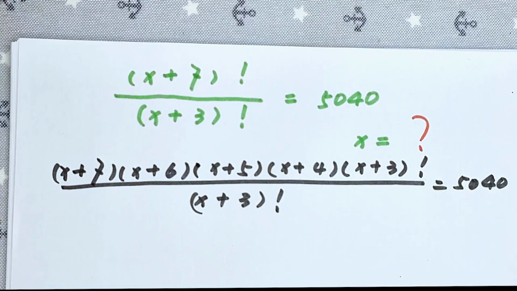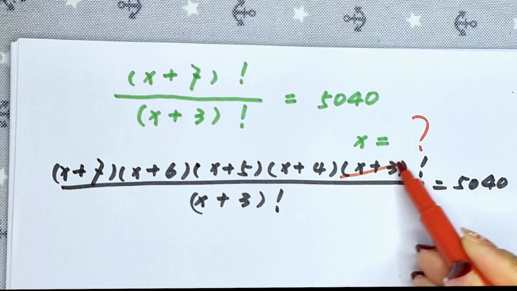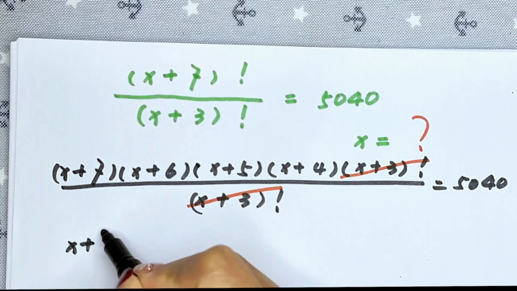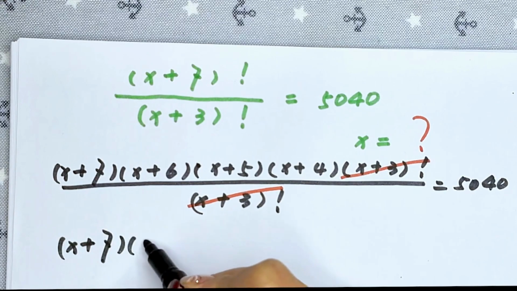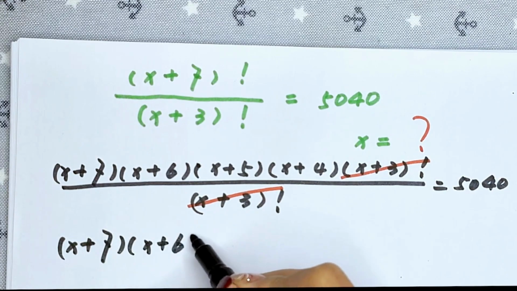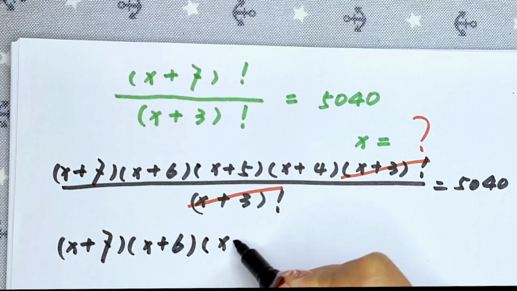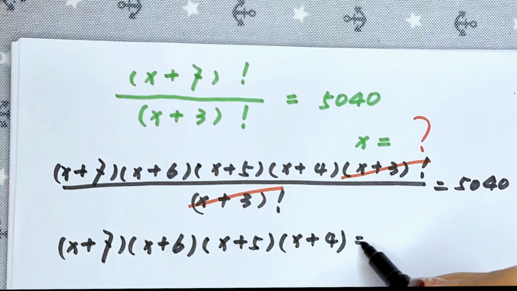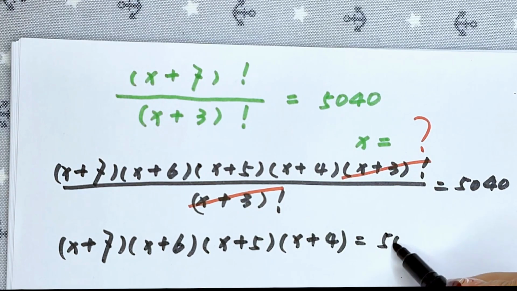Then we simplify. This will cancel with this. So x plus 7 times x plus 6 times x plus 5 times x plus 4 equals 5040.